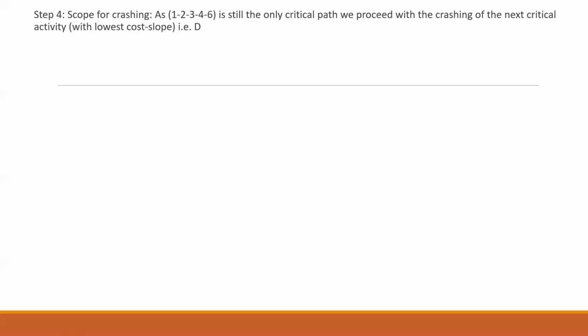So the fourth step is the slope for crushing again. The critical path is 1, 2, 3, 4, and 6, and it is the only critical path. And now we are getting the next lowest cost slope is for D. Okay, and as we can see, D is having the normal duration as 6 and the crush time as 4. That means I can crush it by 2 weeks.